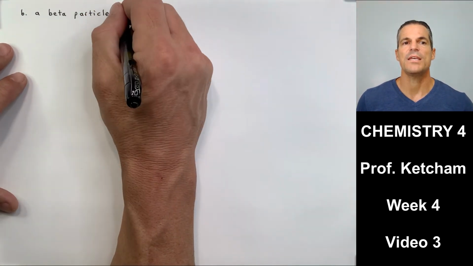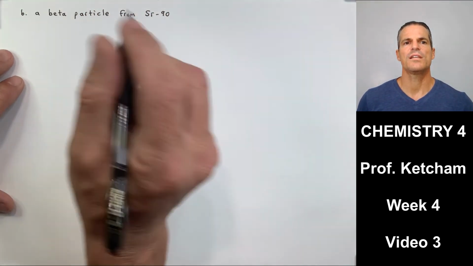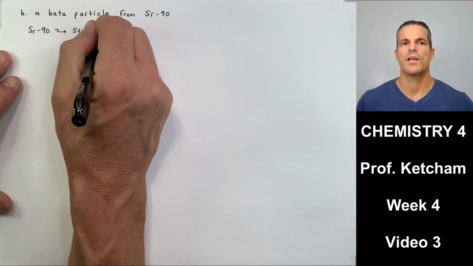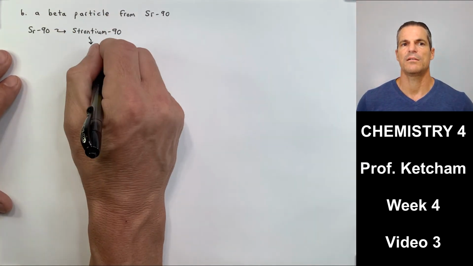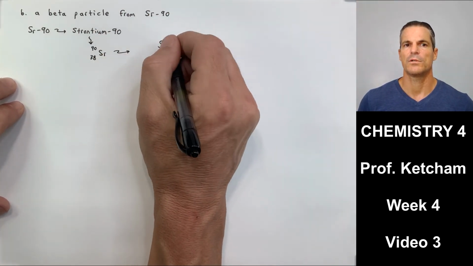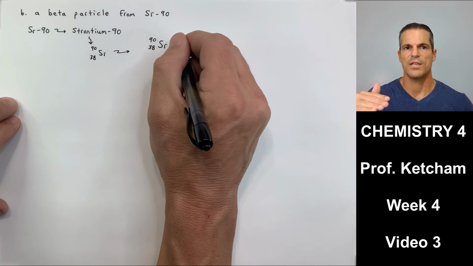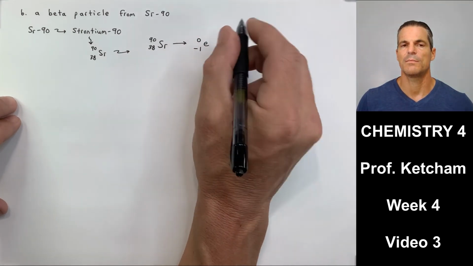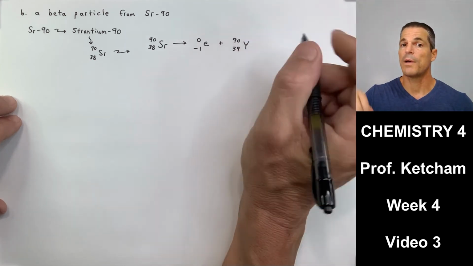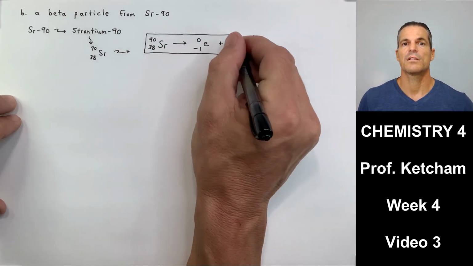All right, for B, we are producing a beta particle from strontium-90. So the first thing we have to do is convert that isotope from hyphen notation into nuclear symbol notation. So it's 90,38 Sr, because strontium is atomic number 38. And then I set it up over here. I produce my beta particle, and I look at what's left.